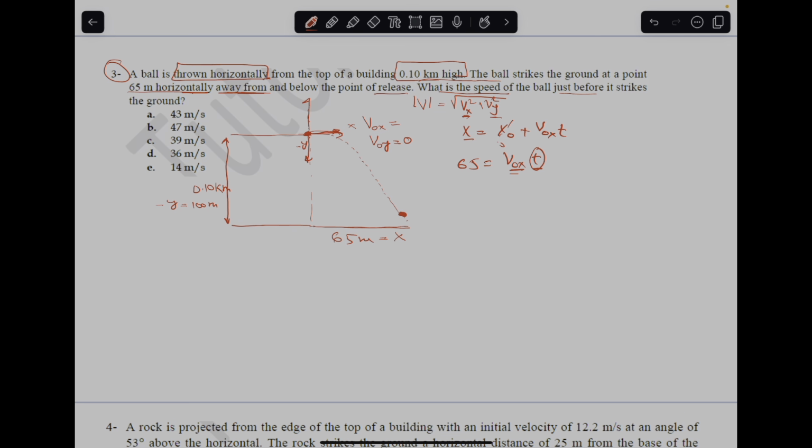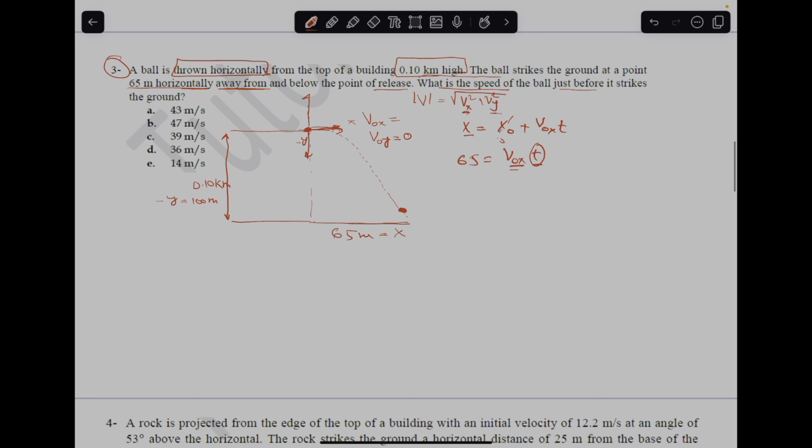To find t, we always use the y equation: y equals y naught plus v naught of y times t minus 1/2 g t squared. At this height, y is minus 100, and y naught is 0.